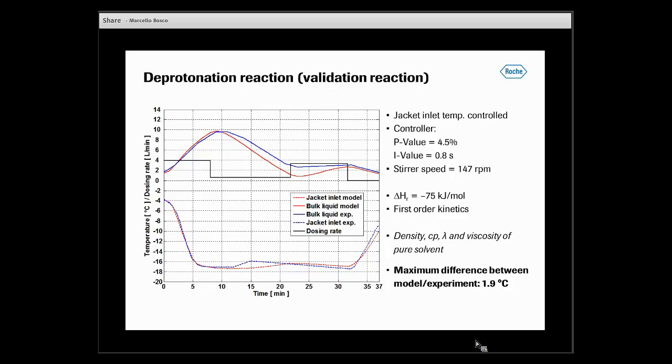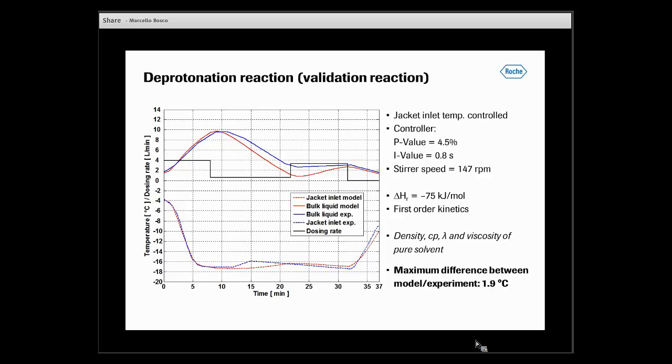The lines are the bulk liquid temperatures, and the dotted lines are the jacket inlet temperatures. The black line is the dosing rate. So we see we start at an inlet temperature of about 2 degrees, and then with a dosing of 4 liter per minute.